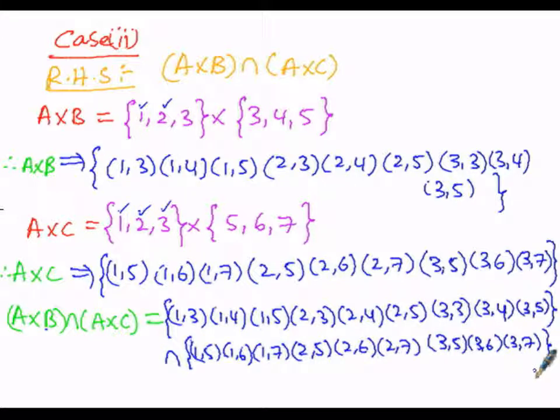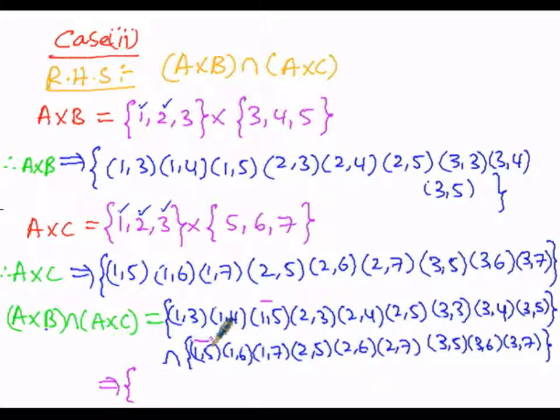Now we have to find the intersection of A cross B and A cross C. Intersection means we have to find only the common elements. Here 1 5 is in the first set and 1 5 is in the second set, so this is a common element.